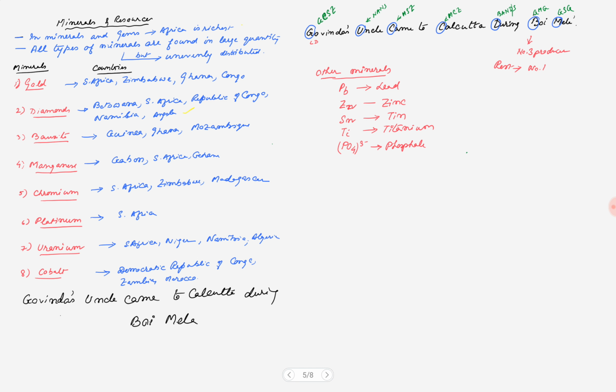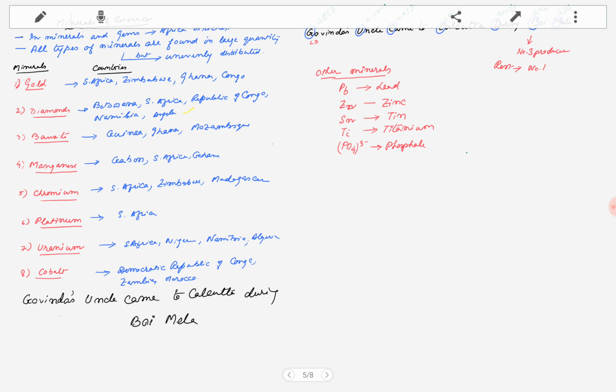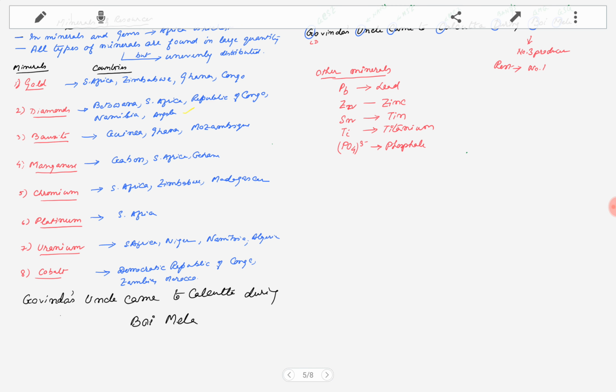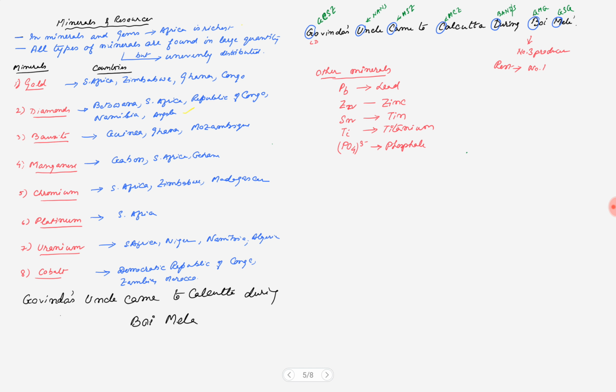Gold is found in Ghana, Congo, South Africa, and Zimbabwe. So in this way you can make a short note of it and remember it. So you'll be able to remember the total minerals and where they are found.